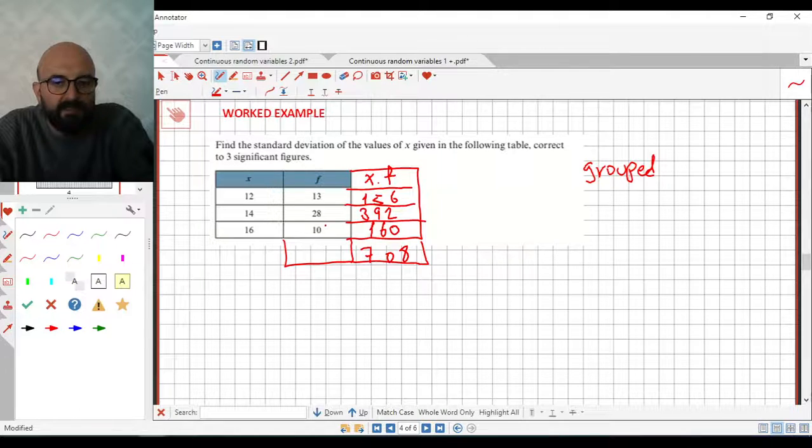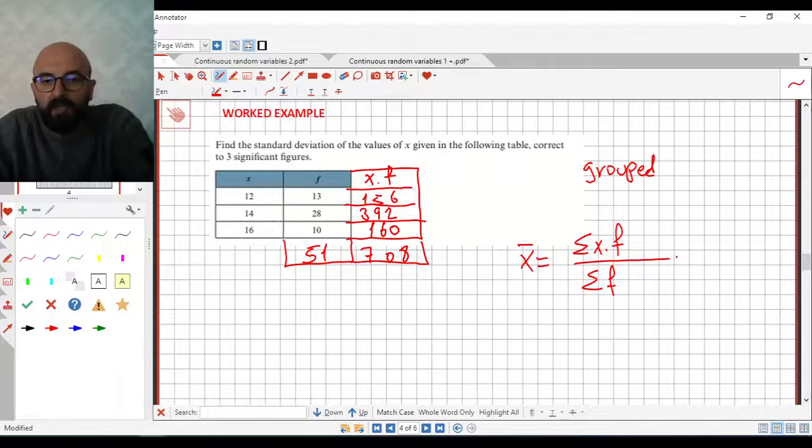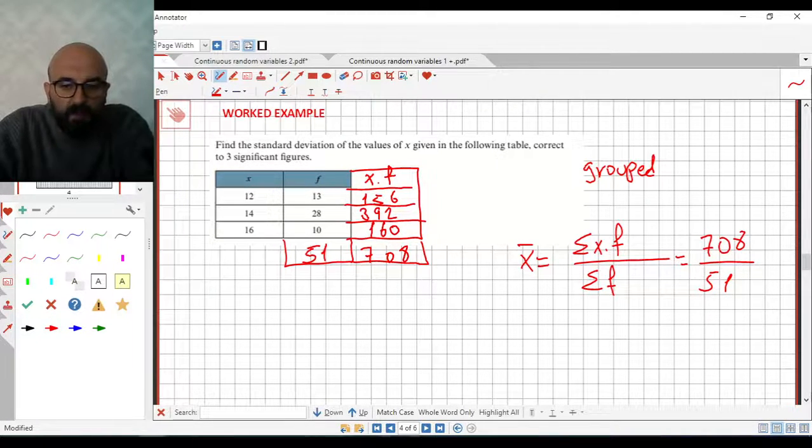And the sum of the frequency: 13 plus 28 is 41, and 41 plus 10 is 51. If you want the mean, it is the sum of x times frequency over the sum of frequency, so 780 over 51.